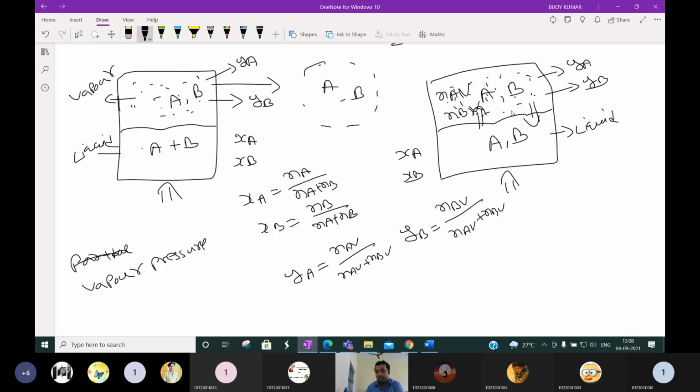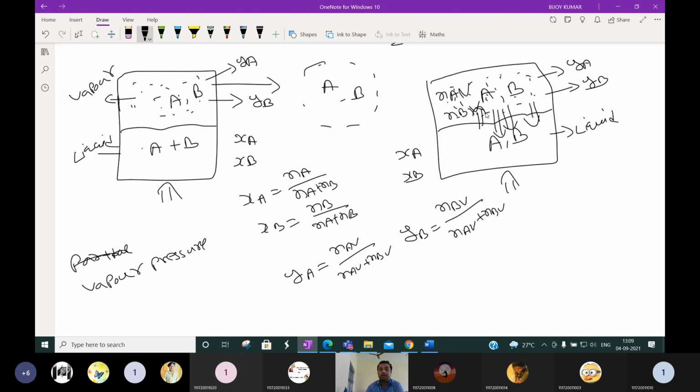When the rate of evaporation is equal to the rate of condensation, equilibrium is reached, and there will be a fixed amount of vapor. The pressure applied on the liquid due to this vapor is called vapor pressure.